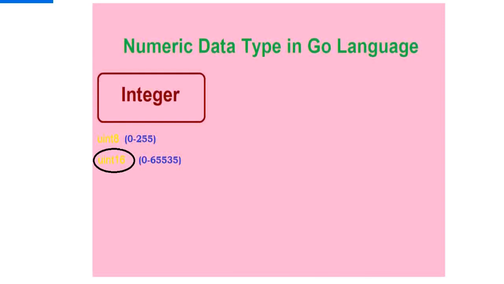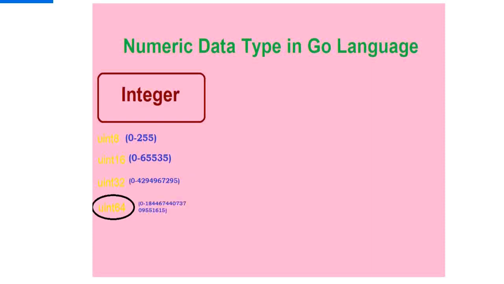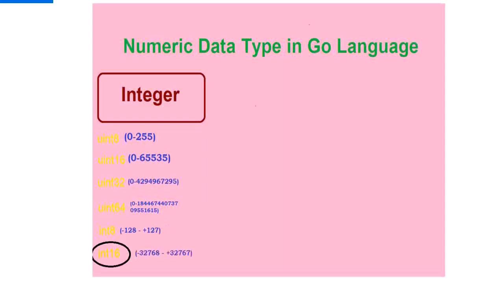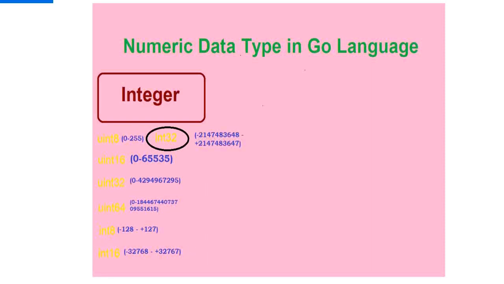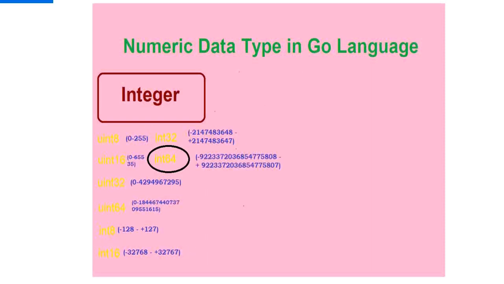Here the range of 8-bit unsigned integer is 0 to 2 to the power of 8, and the range of 16-bit unsigned integer is 0 to 2 to the power 16. Similarly, we can have unsigned integer of 32-bit having range of 0 to 2 to the power of 32, unsigned integer of 64-bit, signed integer of 8-bit, that is denoted as int8, signed integer of 16-bit, signed integer of 32-bit, and signed integer of 64-bit.